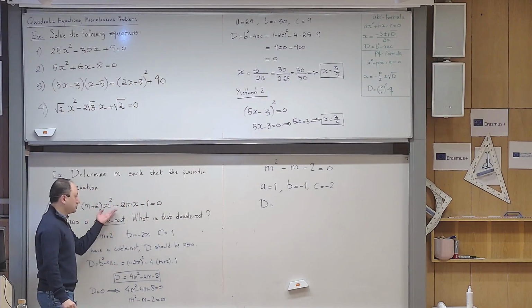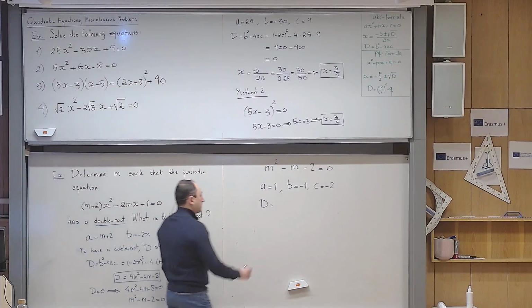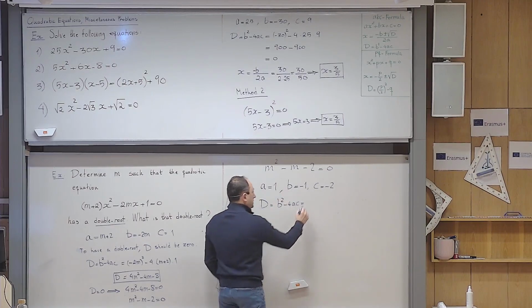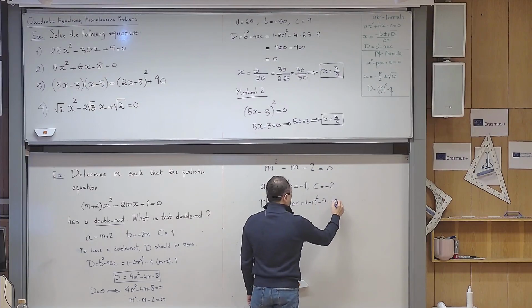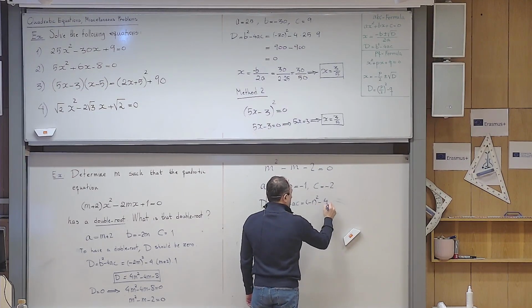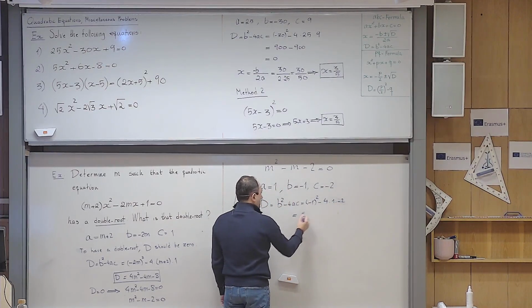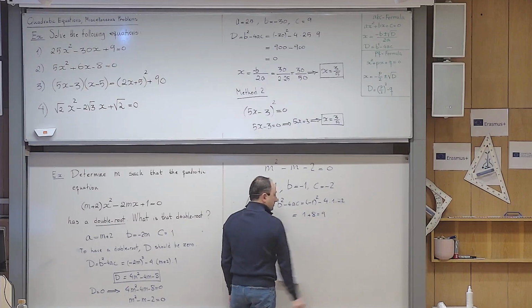The original d was for this equation. There is another d here. So what is that? b squared minus 4ac, but b squared is minus 1 to the power 2, minus 4 times a times c. So this becomes 1, this becomes positive 8, it becomes 9.